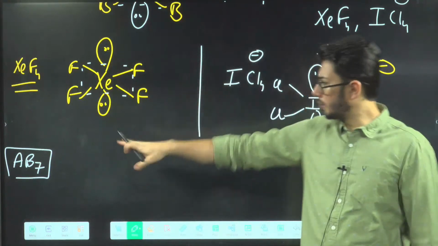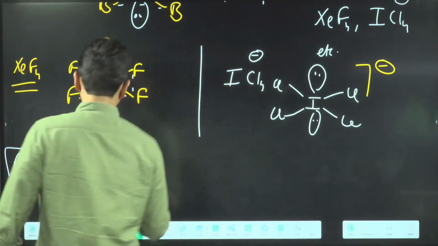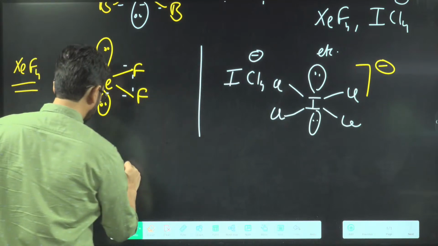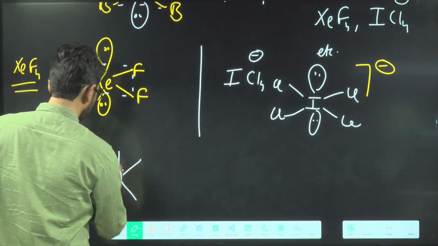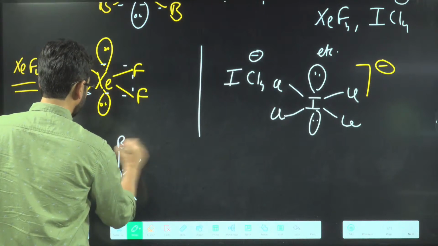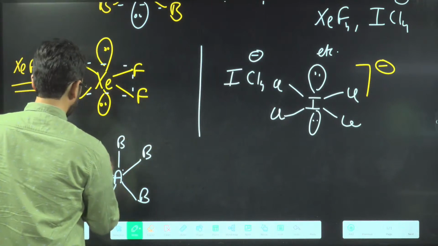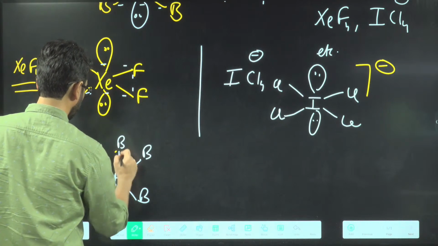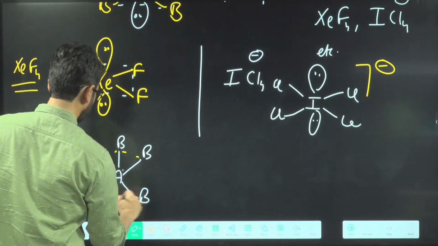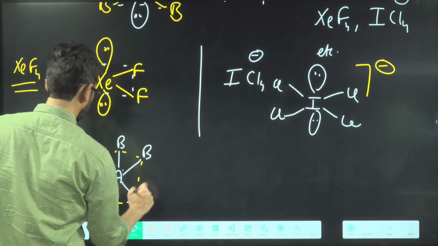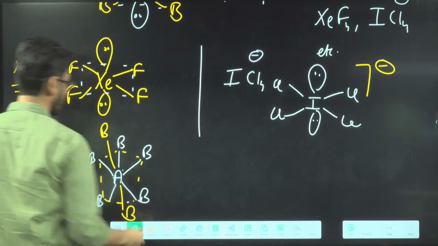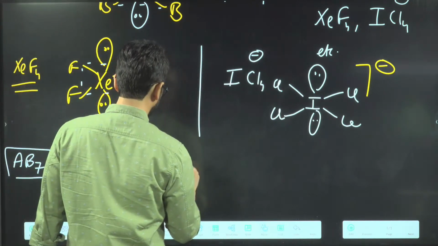AB7 is pentagonal bipyramidal, same as hybridization we have done: 5 bond pairs in the same plane, one above the plane, other below the plane. It is pentagonal bipyramidal.